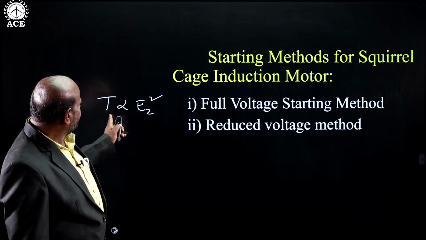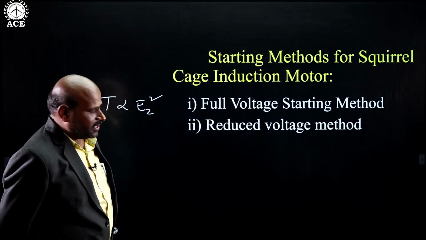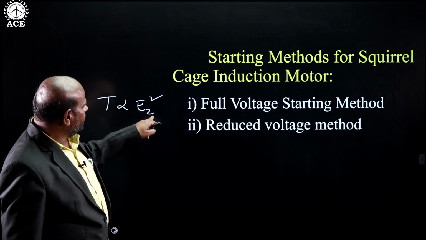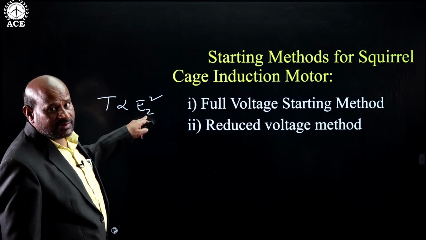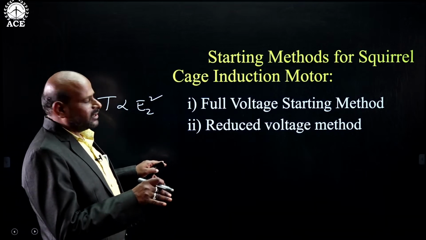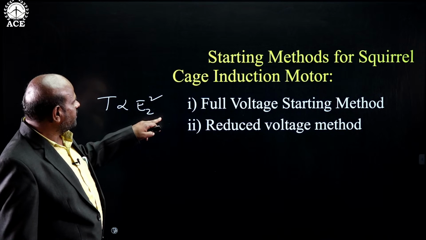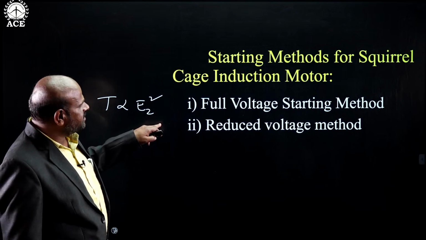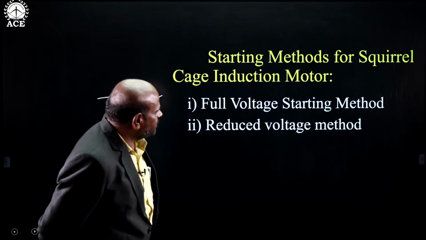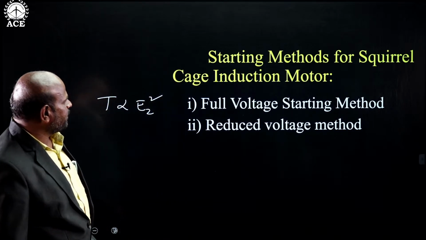Starting torque will be very high when we apply the full voltage starting method. Applying full voltage means the winding will get heated up, since within a short period of time we are applying a huge amount of voltage. That's why the windings have to be designed to withstand the huge starting current.